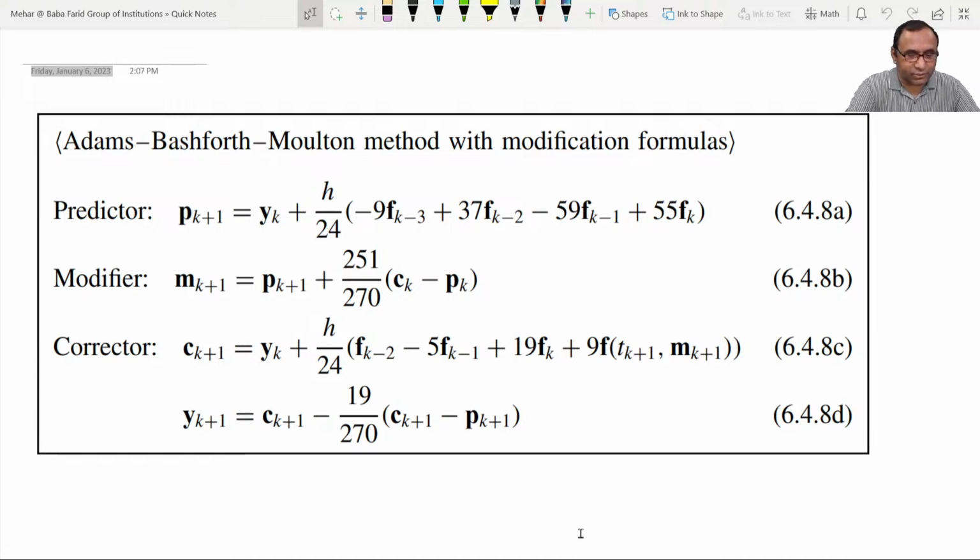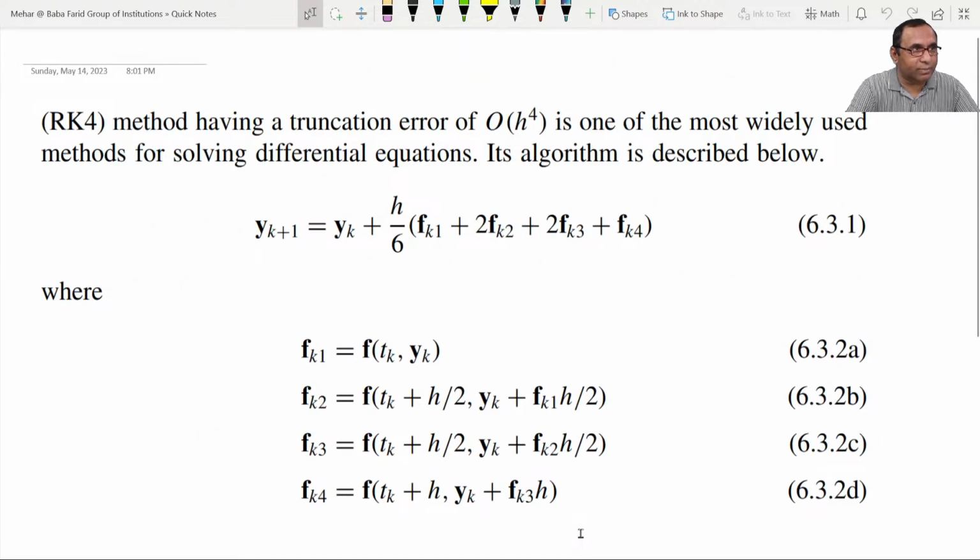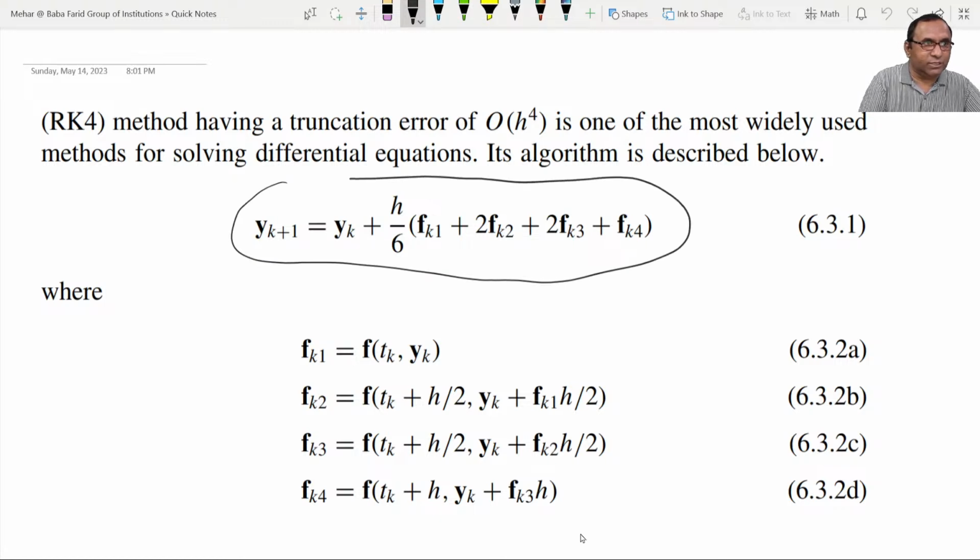So first we need to check this method, which is Runge-Kutta fourth order. For this method, this is the main equation, and this equation involves fk1, fk2, fk3, fk4, and these values can be easily calculated by these four equations.